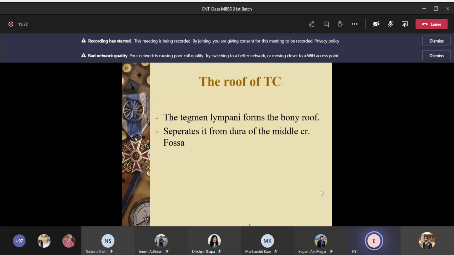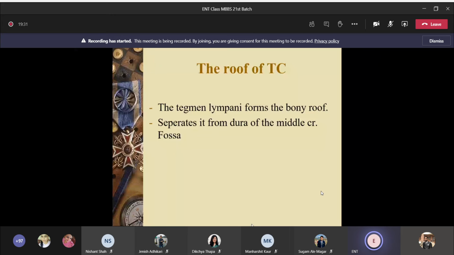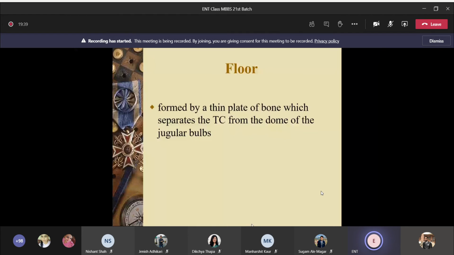The floor has a very thin plate of bone which separates the tympanic cavity from the bulb of the jugular vein, sometimes the internal carotid artery. If it is dehiscent, sometimes congenitally, there is likely to be damage to the jugular bulb during surgery.